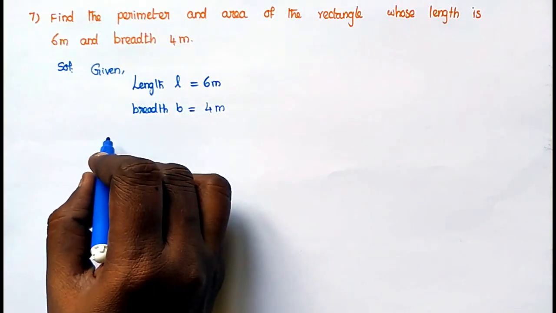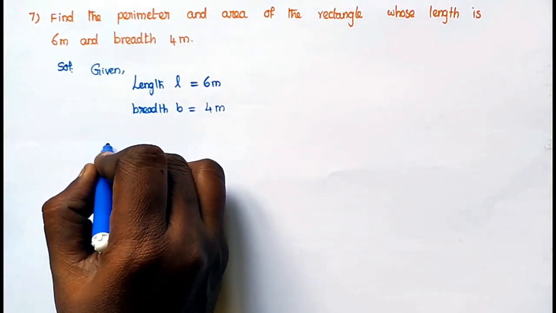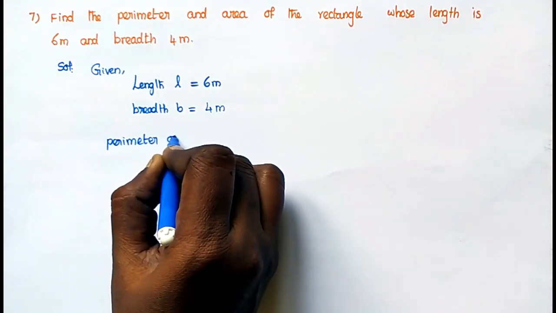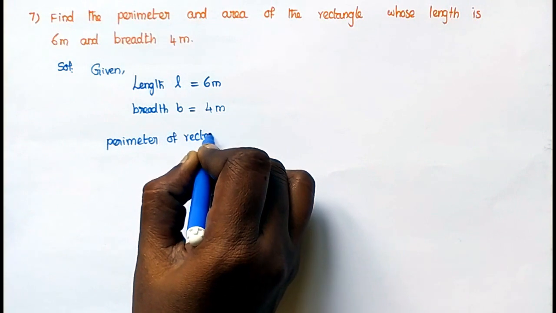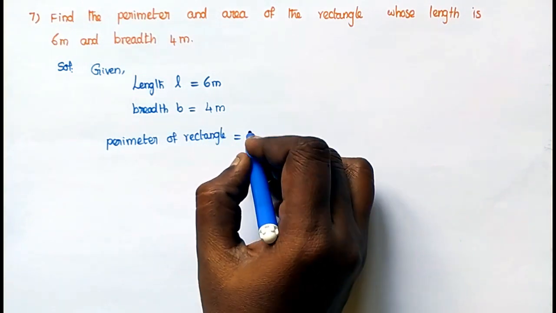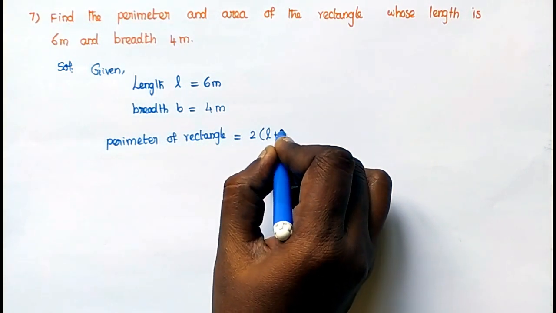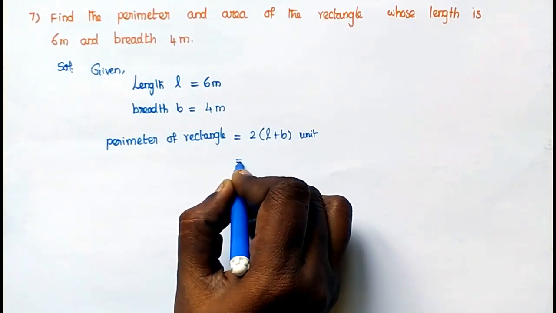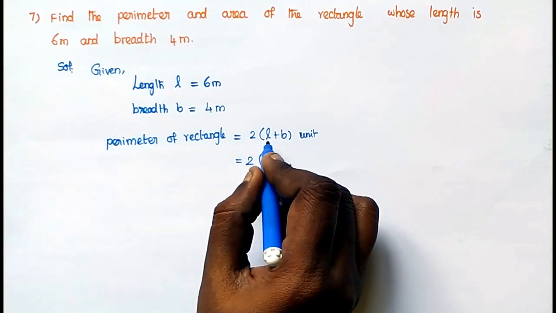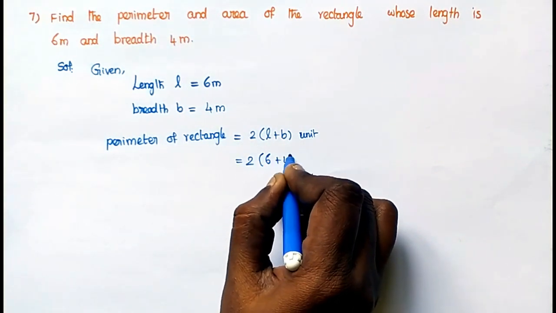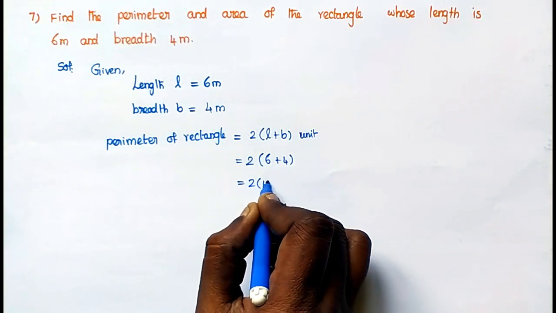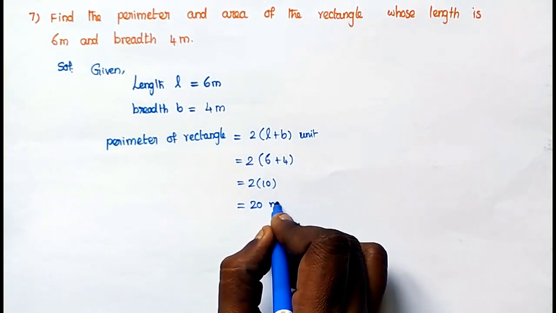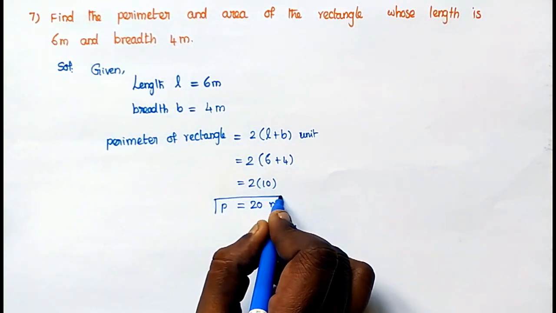We have to find out the perimeter and area. Now what is the formula for perimeter of rectangle? 2 into L plus B units. So 2 into, what is L? 6 plus 4. So 2 into 10 equal to 20 meter, that is perimeter.